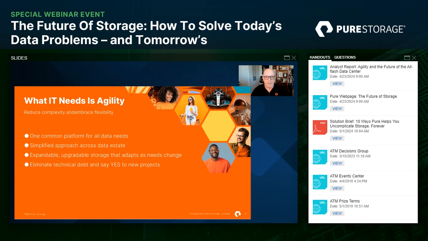When you smash two products together to try and get added features, if it requires two different knowledge sets to be able to run that quote unquote new storage that you have, that's not really going to have a ton of benefit based on the amount of effort that's going into it. So simplified processes across your data estate is the thing that drives agility.